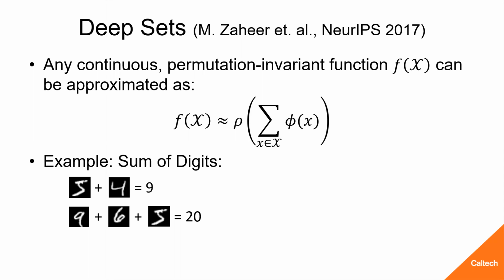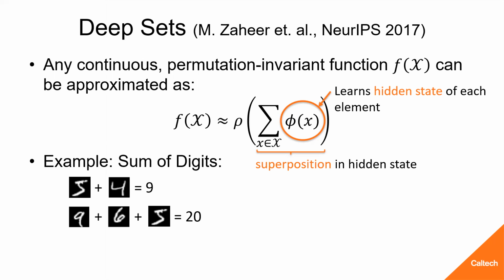Now, in the deep set approximation, you have two neural networks: an inner network that learns the hidden state of each of the elements. In this example, it would figure out that the picture of 5 has the numerical value 5. Then you have a superposition of that hidden state.